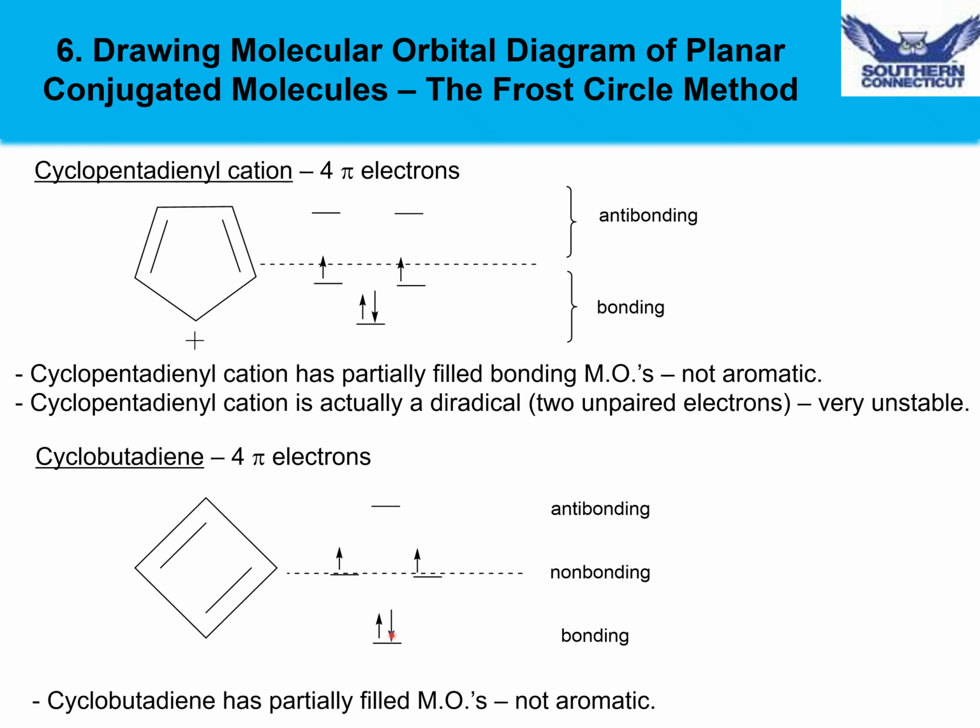The one down here is bonding. We have 4 pi electrons, so we fill the bottom orbital, and then we have 2 more, so we put one here and one here since these are degenerate orbitals. This compound has partially filled molecular orbitals, so it is not going to be aromatic. In fact, it's predicted to be anti-aromatic, as we learned earlier in this chapter.